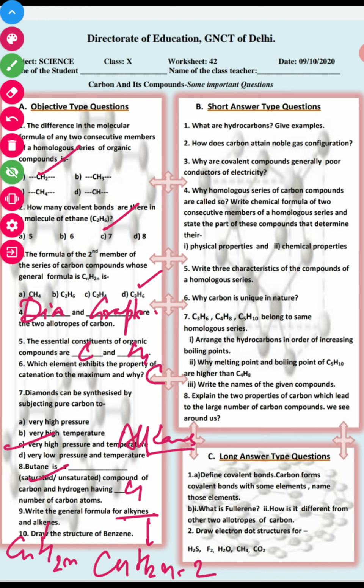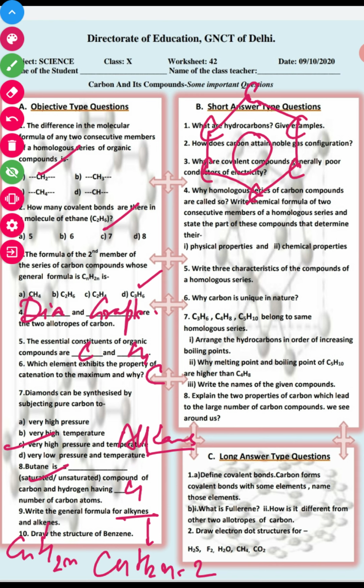Okay, next question we have, draw the structure of benzene. Benzene is a 6 carbon compound. Then you have to draw the structure like this. This is called the ring structure. Here we have carbon present in it.